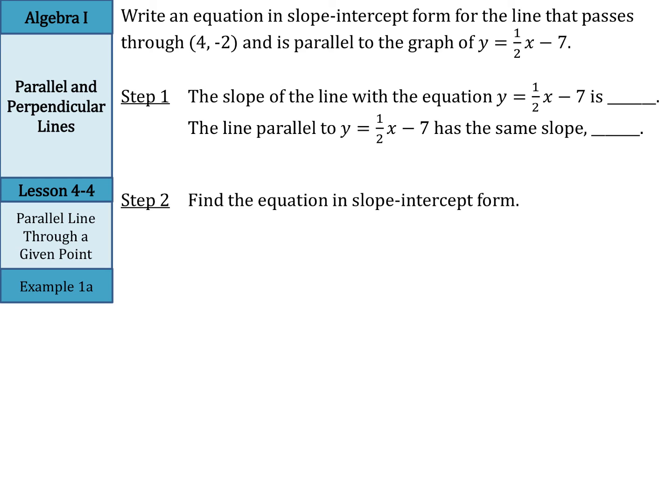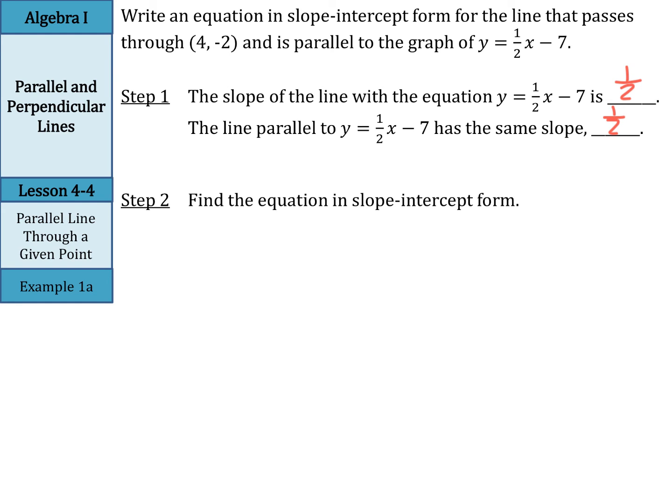Step 1, the slope of the line with the equation y equals 1/2 x minus 7. Well, this is in slope-intercept form, and our m is 1/2, so the slope is simply 1/2. So the line parallel to y equals 1/2 x minus 7 has the same slope, which is just 1/2.